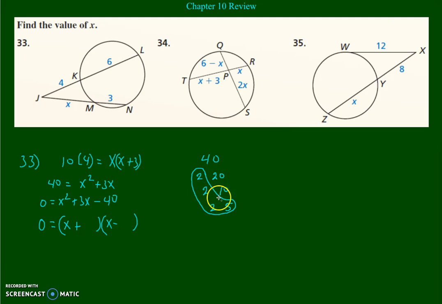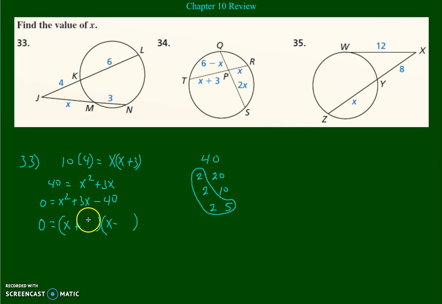Now, what products of these numbers give us the conditions necessary? Well, if we need a 3 over here, I can see that 2 times 2 times 2 is 8. 8 times 5 is 40, so that gives us two factors. And some combination of 8 and 5, 8 minus 5 is 3. So that should work.